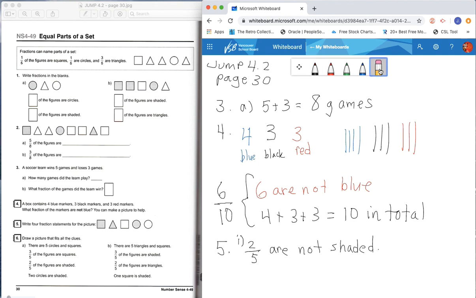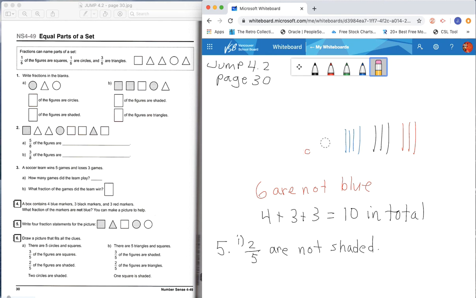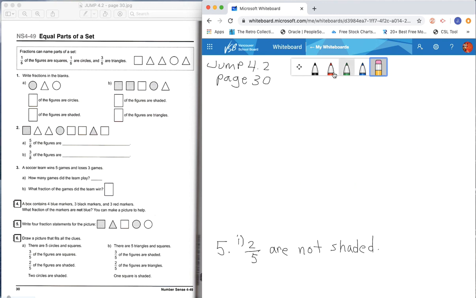All right, number 6, draw a picture that fits all the clues. Okay, so I'm going to do 6A with you, and then you are in charge of doing 6B yourself. Okay, 6A. There are 5 circles and squares. So you know that there are 5 shapes in total, but you don't know how many of each. So don't just draw random 5 squares, 5 circles.